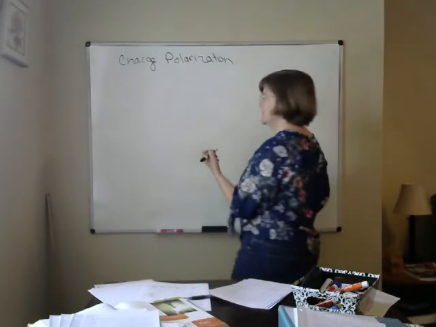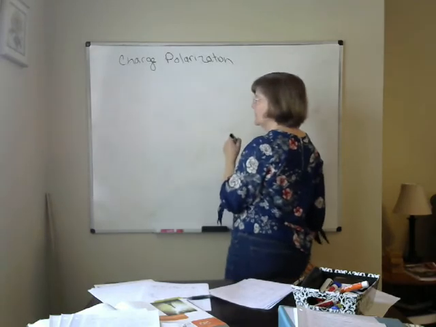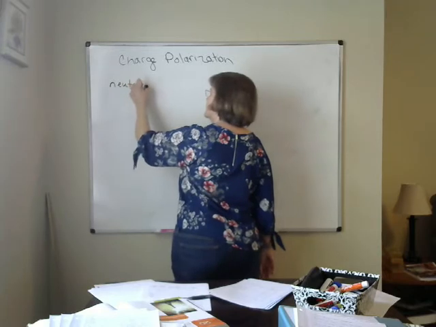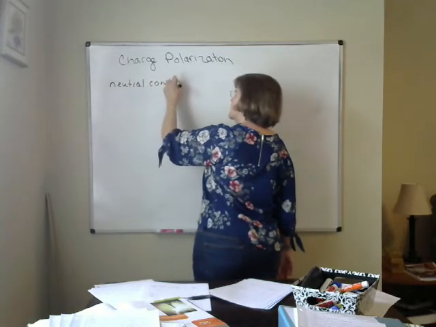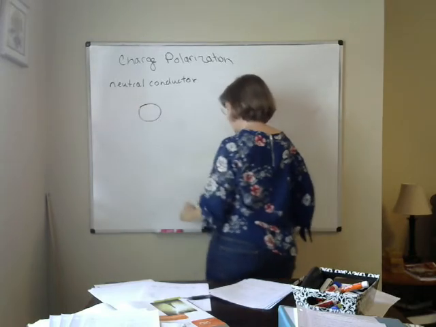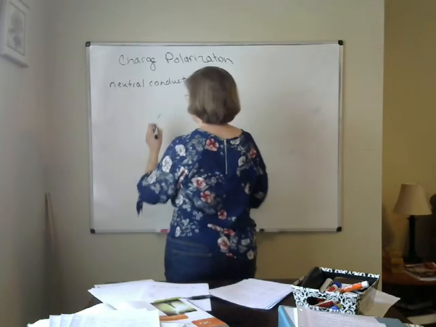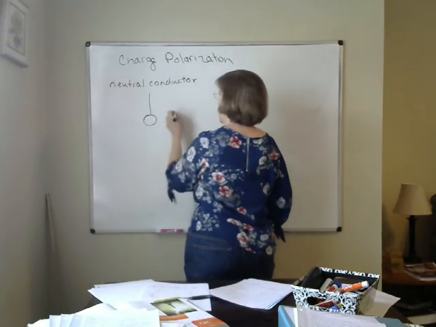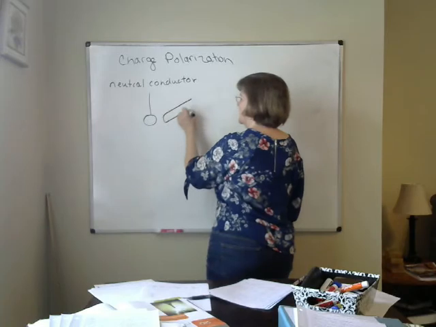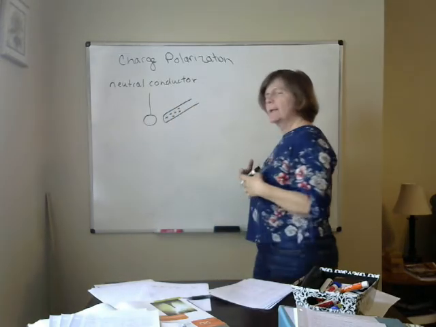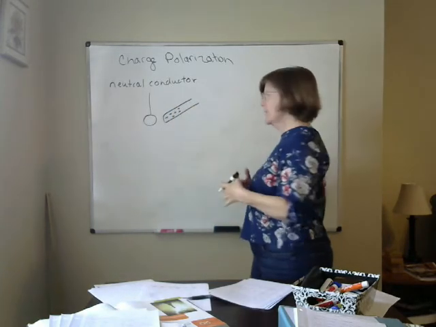So what happens? Well, if I have a neutral conductor hanging from a string, and I bring something positive close to it, we know that in a metal conductor, charges are free to move.